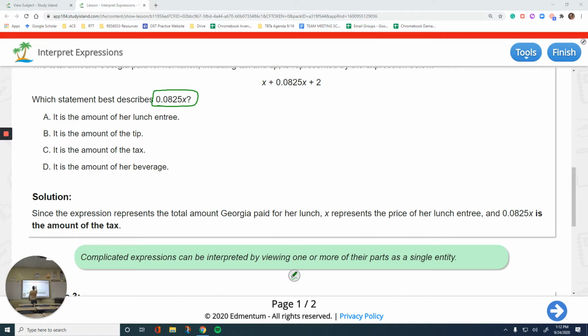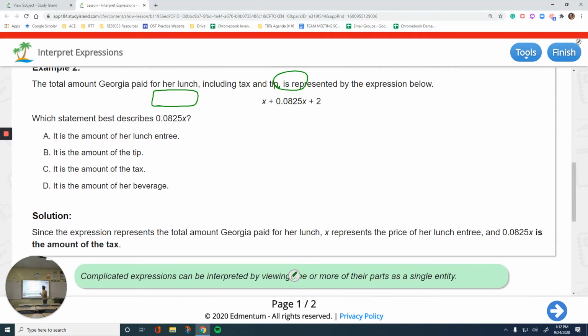The expression that you're looking for is this part. I'm thinking this is probably the amount that Georgia paid for the tax, but I will see what it says, because it's multiplied by a percentage. That's like if this product is $100, you're going to pay 7% for the tax, and that's kind of what it looks like. But let's see what it is.